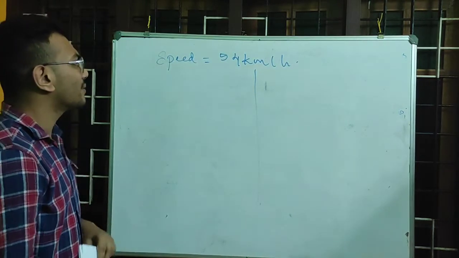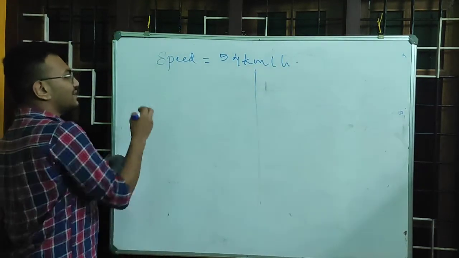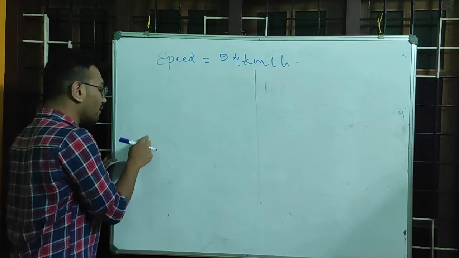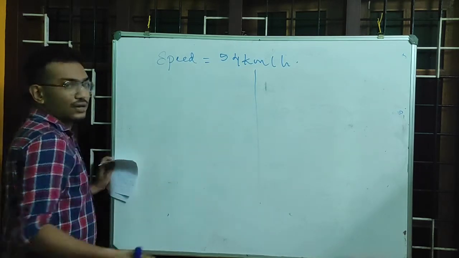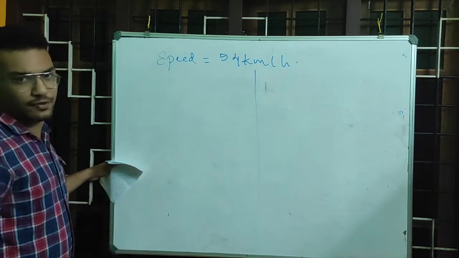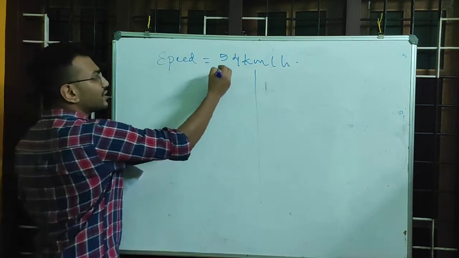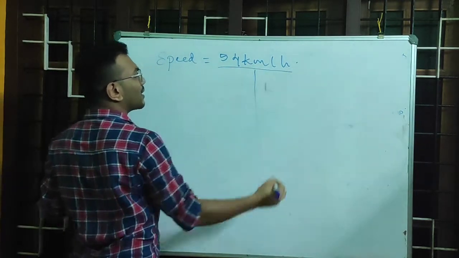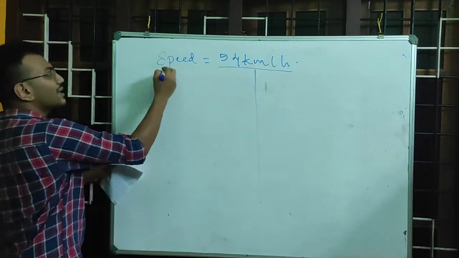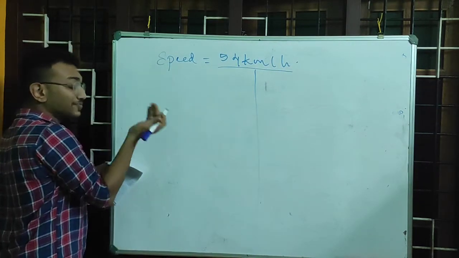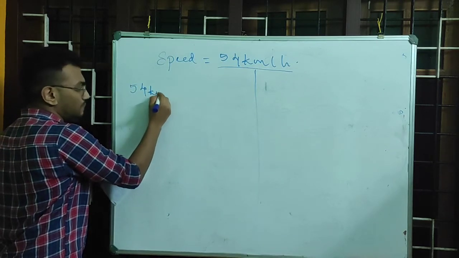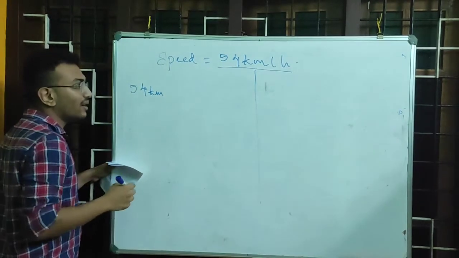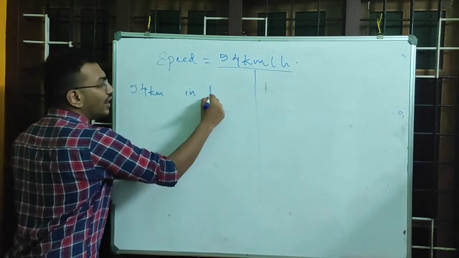How can we do that? It is very simple, as we know. So if you are going mathematically, we have to write what all we can get from this information. Okay. From this, the speed is 54 km per hour. That means this bus can move 54 km. It can travel 54 km in 1 hour.